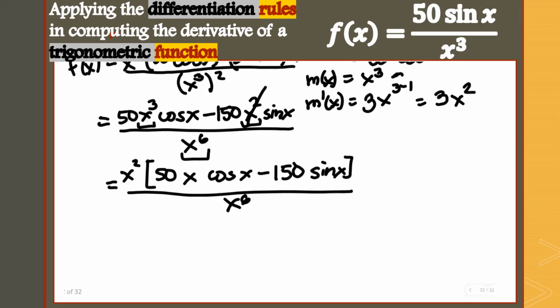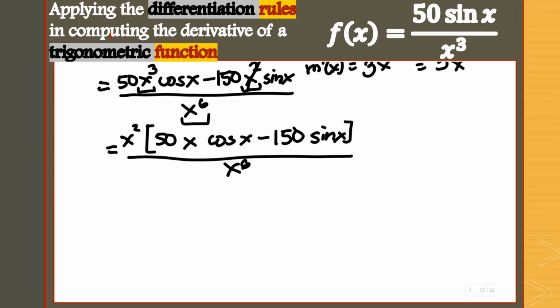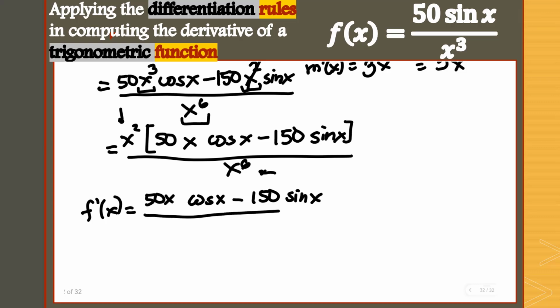We're doing this because if we can simplify, we need to simplify. You will use the proper laws of exponents. Your final answer for the derivative of this given function is 50x cosine x minus 150 sine x all over x to the power of 4.